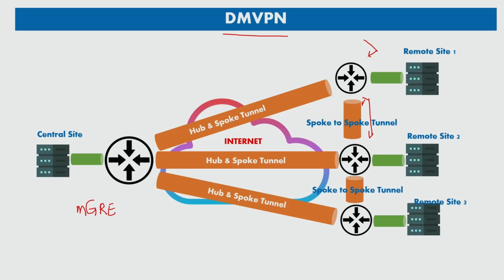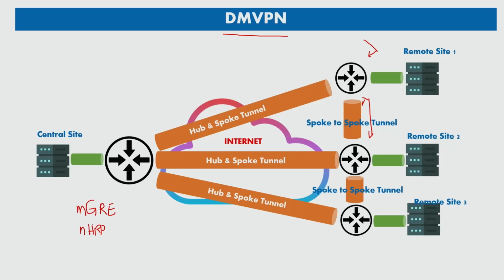To build tunnels between devices, all DMVPN members should use GRE or mGRE interfaces. The next mechanism is what we call NHRP, or Next Hop Resolution Protocol. NHRP is a client-server protocol in which the hub serves as an NHRP server and the spokes serve as NHRP clients.